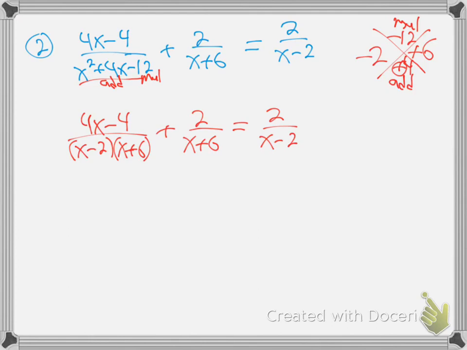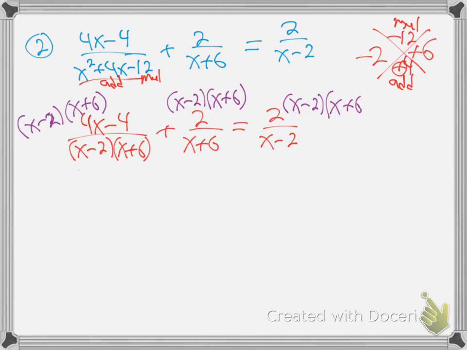Okay, so now we're going to multiply through by the common denominator, which is both of these, x minus 2, x plus 6, right? For a common denominator, you need one of every type. So x minus 2, x plus 6 on the left, x minus 2, x plus 6 in the middle, and x minus 2, x plus 6 on the right.